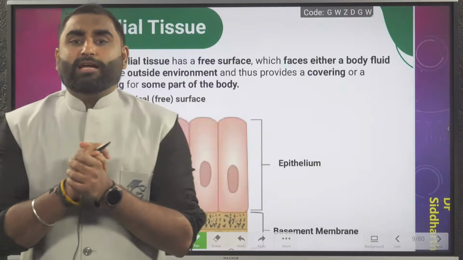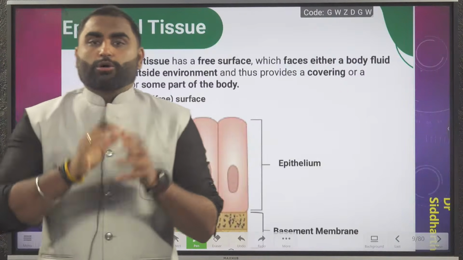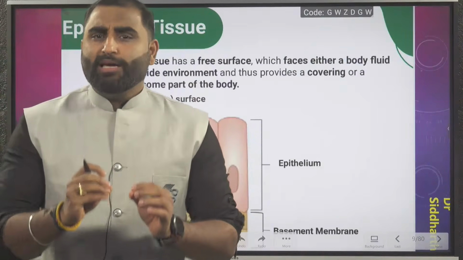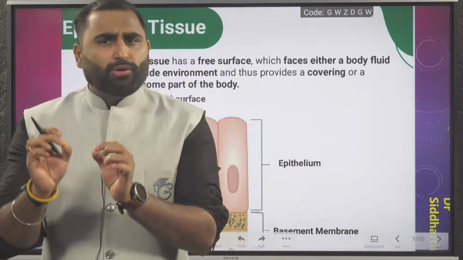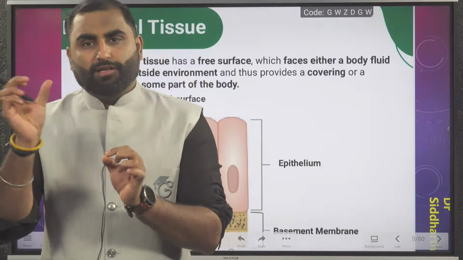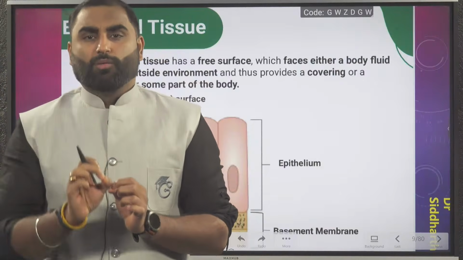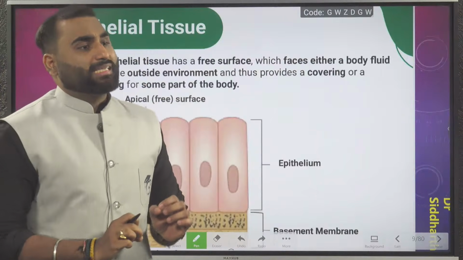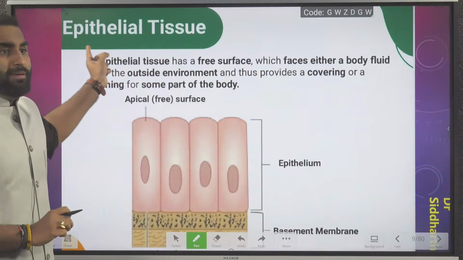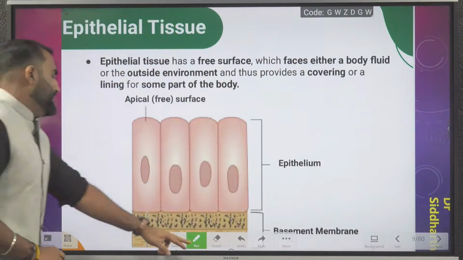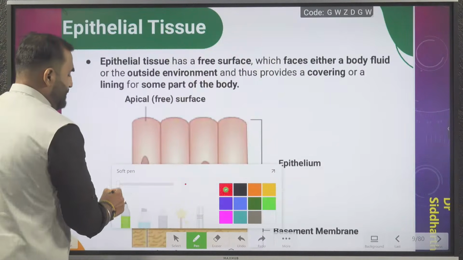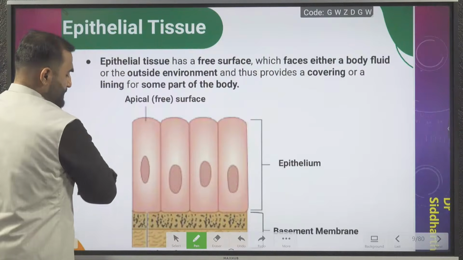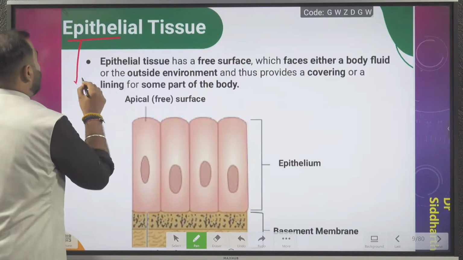Now, what is the meaning of epithelial here? If you want to make your biology understanding very easy, always be curious to understand the root of the word, the etymology of the word, what the word originated from. Like when I say epithelial, here epi means what, guys?